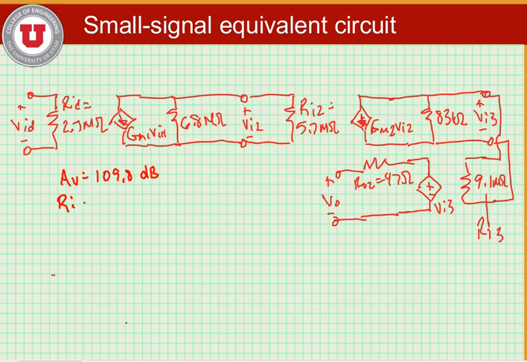The input resistance differentially is equal to 2.72 megaohms, and the output resistance is equal to 48 ohms. Now you recall that for a voltage amplifier we want an infinite input resistance, a zero output resistance, and an infinite voltage gain. Well, we don't achieve any of those things, but what we do see is we have very large voltage gain, very large input resistance, and a very small output resistance. So we can make a model for our 741 where we include these values.